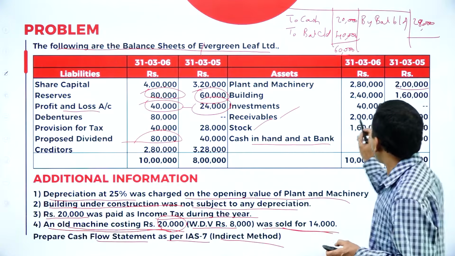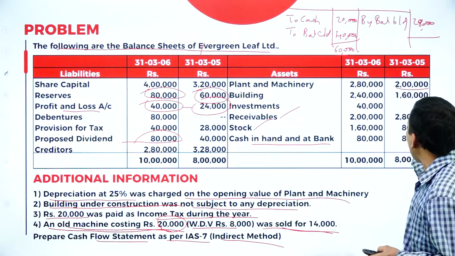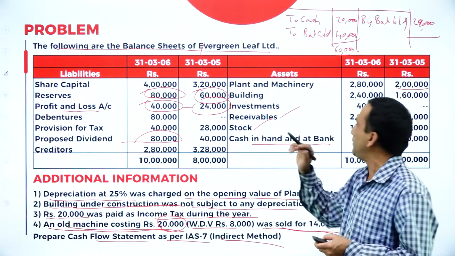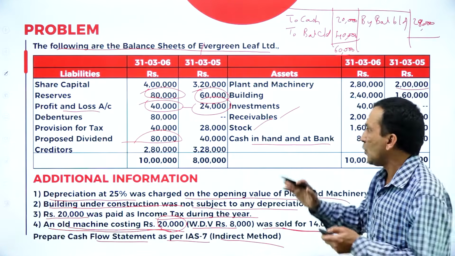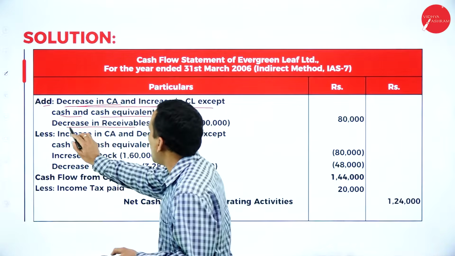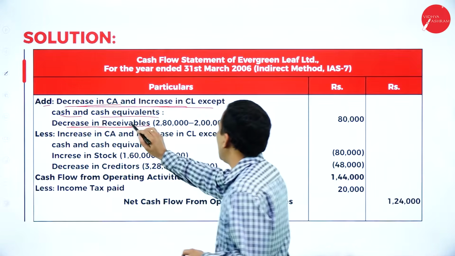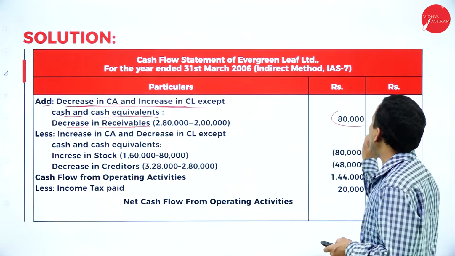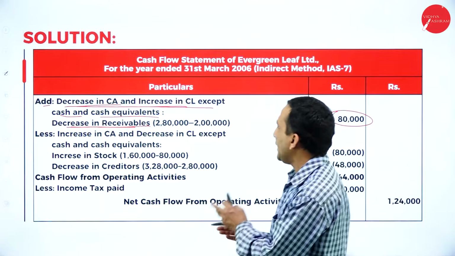Which item? So here, see the opening date is 2,80,000 and the closing date is 2 lakh. Now the current asset, bills receivable, is a decrease, right? In case of decrease, we will consider it here. So the decrease in the receivable, 2,80,000 minus 2 lakh, we are getting 80,000, which is positive.